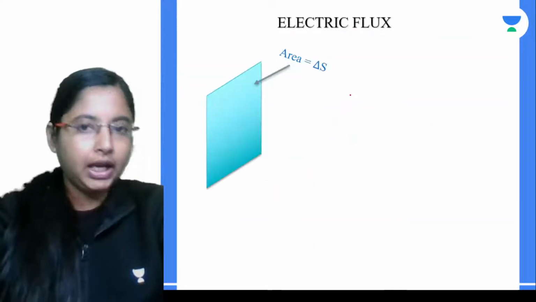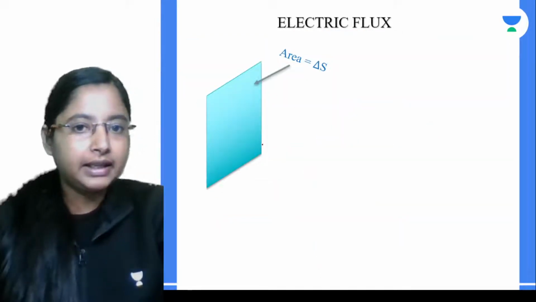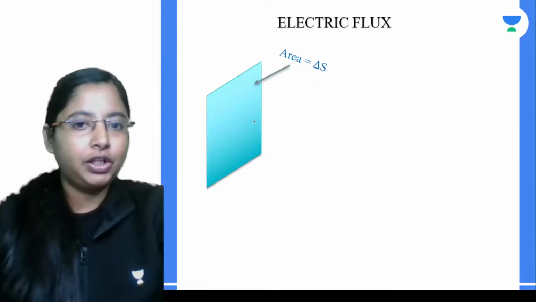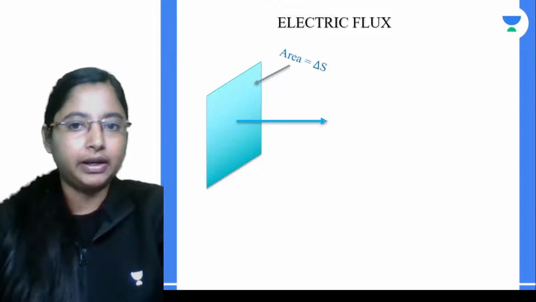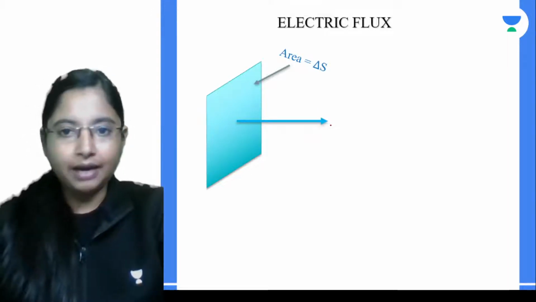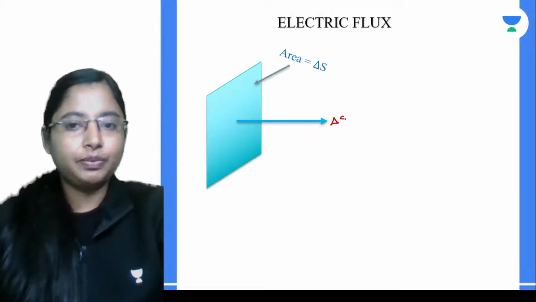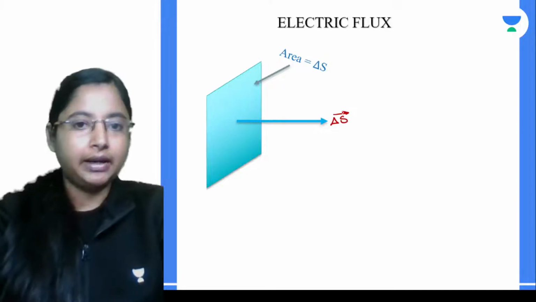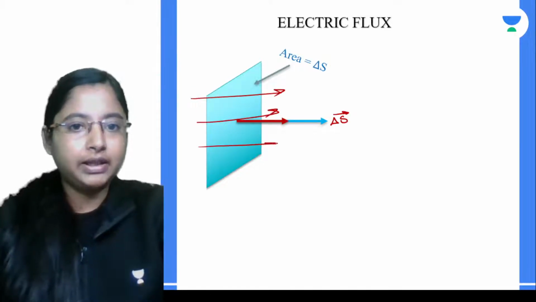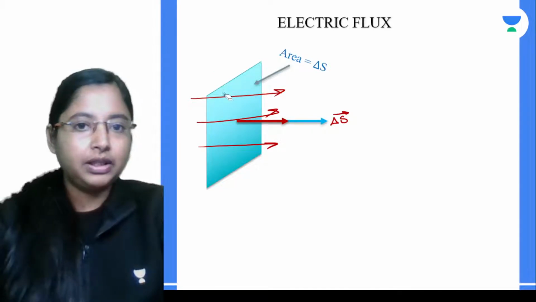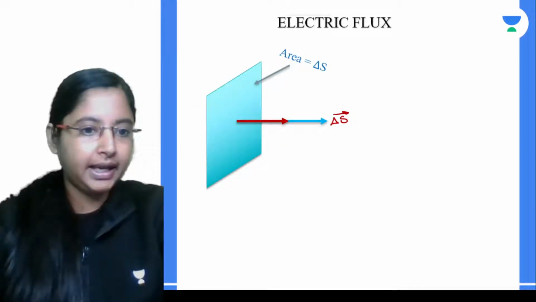Let's say this is the area, and the first point we need to notice is that for this particular area, if you draw a perpendicular to the area, this gives you the area vector delta S. Let's say in this case the electric field lines are going in this direction. The red line over here represents the electric field.